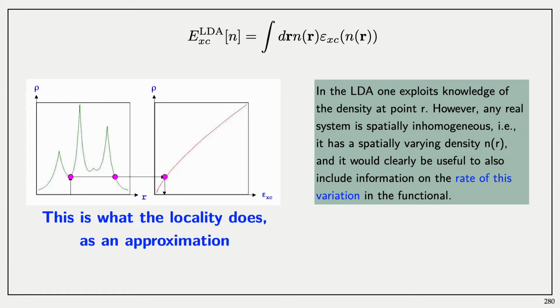In LDA, this plot I showed you a number of times before. On the left-hand side, we have the density, and the idea is that the exchange correlation energy is calculated just by the value of the density at a given point.